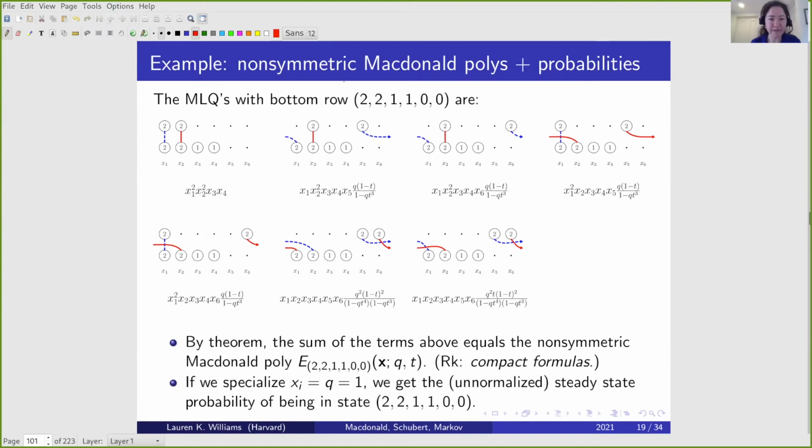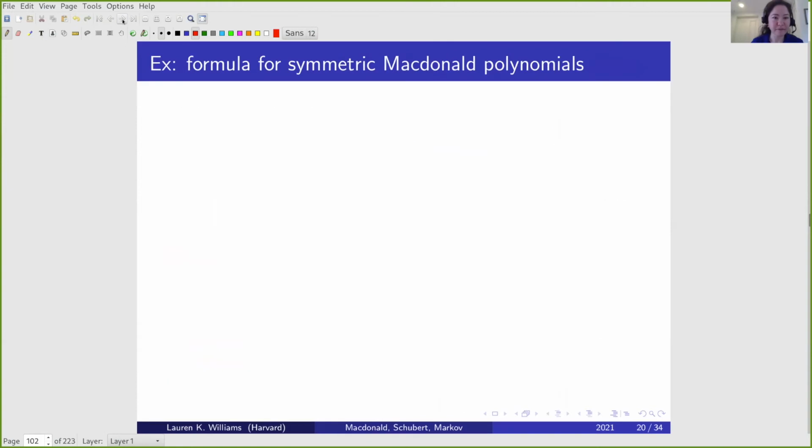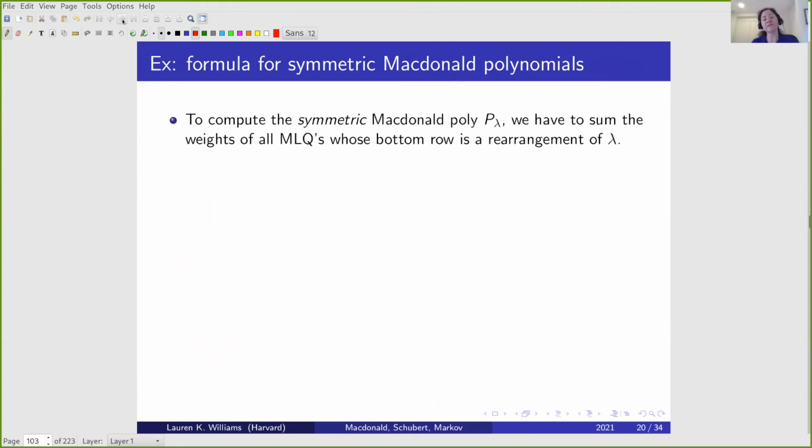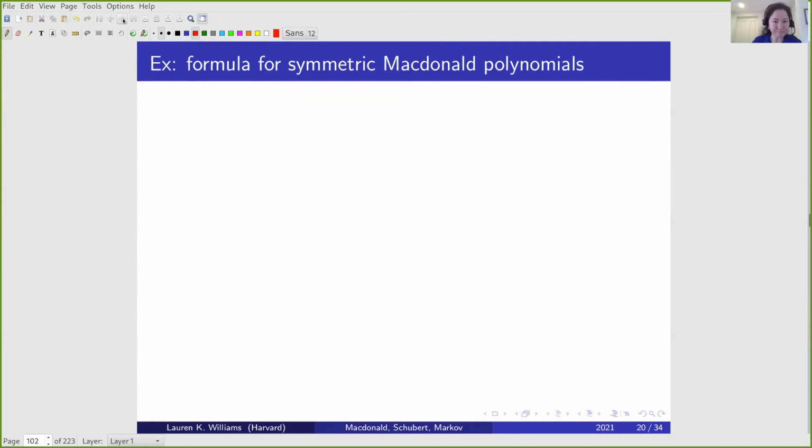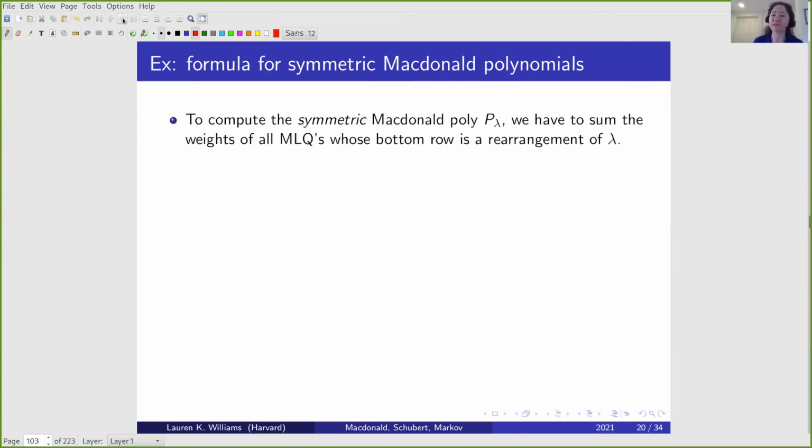Okay, so in this same example, if you specialize the parameters xi and q to be 1, then you get the unnormalized steady state probabilities of being in state 221100. And that was for this non-symmetric Macdonald polynomial, which is called capital E. If you want to understand the symmetric Macdonald polynomial, then you have to sum the weights of all multi-line Qs whose bottom row is some rearrangement of lambda.